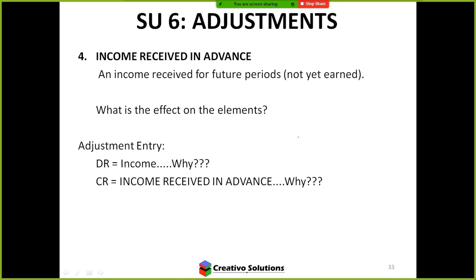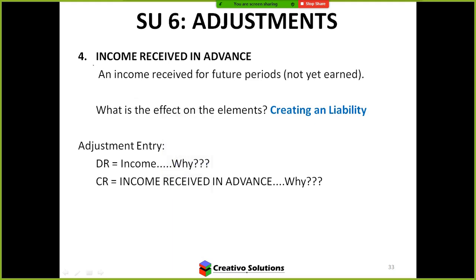Do you remember this one? Tell me about income received in advance. What is it? Income received in advance. So not a liability. Yes, it is. Very good. Well done. Why?